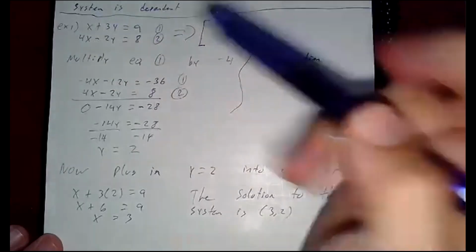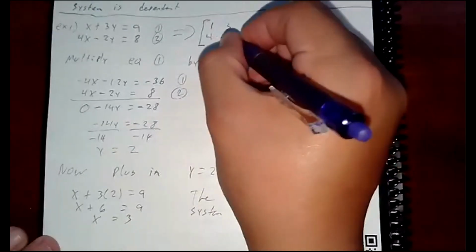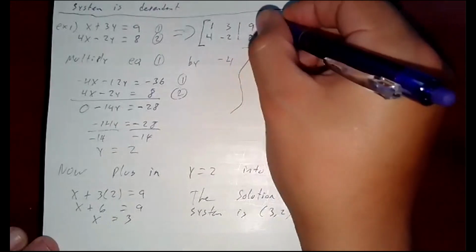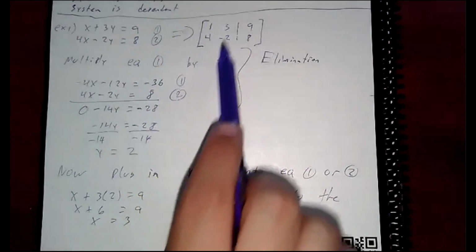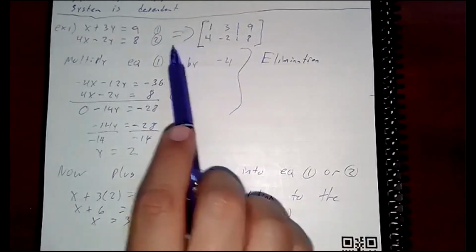So there's a column of x's, so 1x and 4x, for these guys. 3y and negative 2y, 9 and 8. Okay. So this is the x column, y column, constants. That's where these numbers came from.